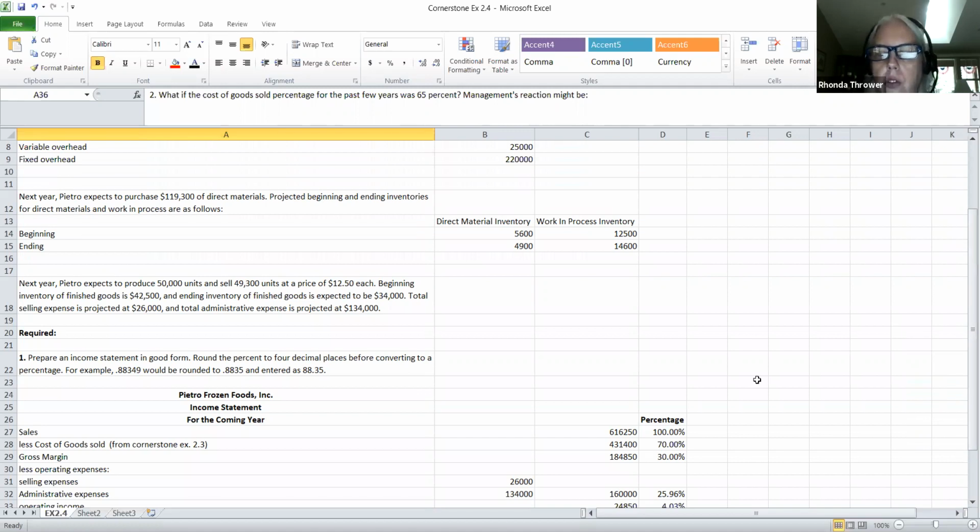But we're just concentrating on, in this chapter so far, what's happening with the income statement. You must do the cost of goods manufactured first, feed that amount into the cost of goods sold, which is fed into the income statement.